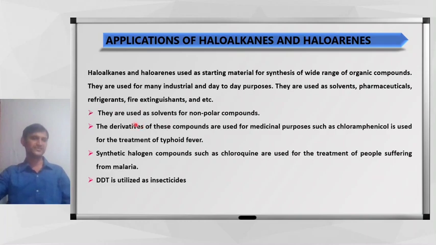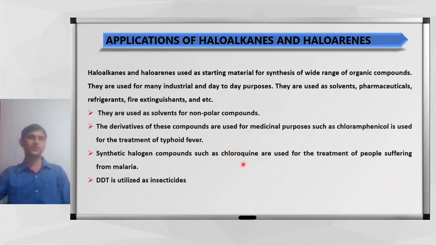Now see the main uses. They are used as solvents for non-polar compounds. The derivatives of these compounds are used for medicinal purposes, that is chloramphenicol, used for the treatment of typhoid fever. Very important, chloramphenicol is used for typhoid fever. Next, synthetic halogen compounds such as chloroquine.